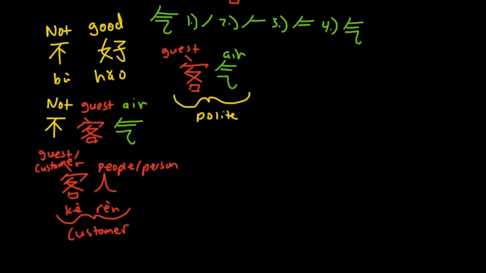So if someone said 谢谢 to you, so in the last lesson we learned thank you or thanks. I'm about to do this in red. Thanks was 谢谢.